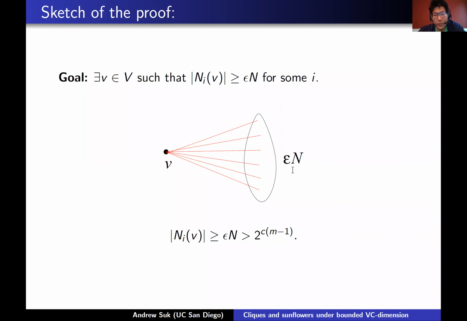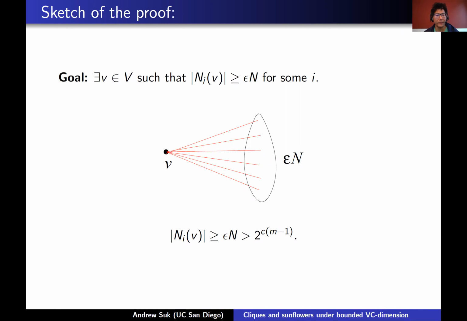If this were true, then that would be nice, because either I have a red edge here, in which case I have my monochromatic triangle, or otherwise there are at most m-1 distinct colors inside of here. And if this neighborhood is big, it'll be bigger than this quantity here if C is big. And so since it's bigger than this quantity, I can just apply induction to find my monochromatic triangle inside of this neighborhood.